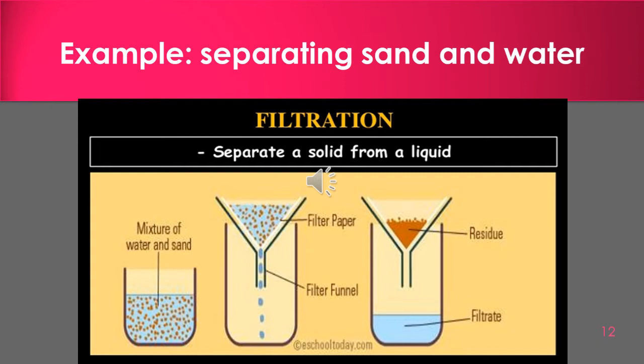The end result will be your filtrate and your residue. The residue is the material trapped in the filter paper or cloth. In this case, the sand will be our residue. The filtrate is the material that was able to pass through the filter paper or cloth. In this example, the water is our filtrate.